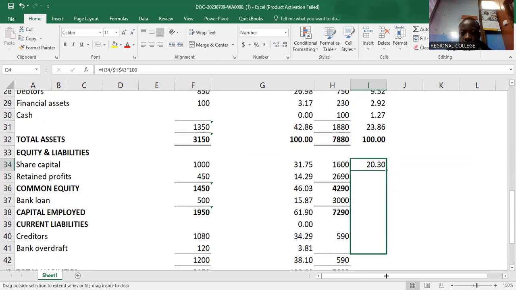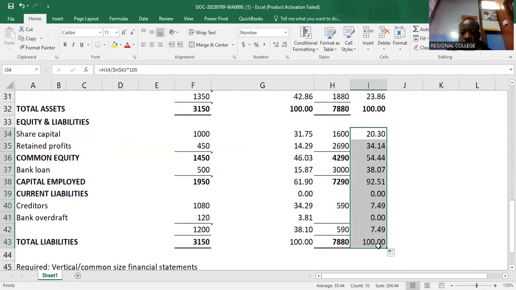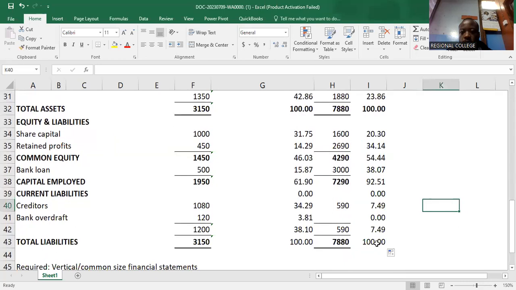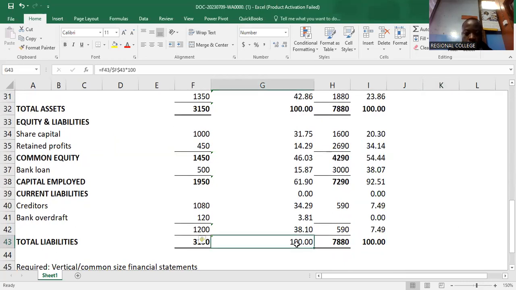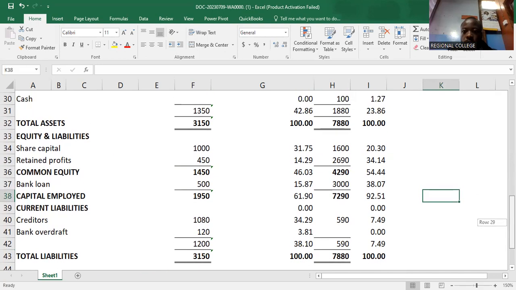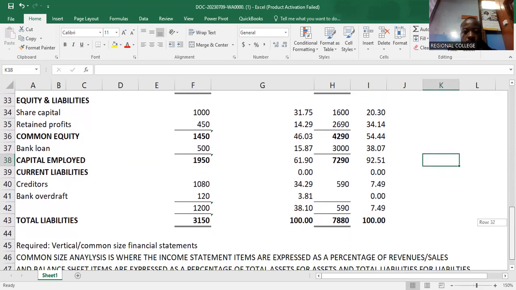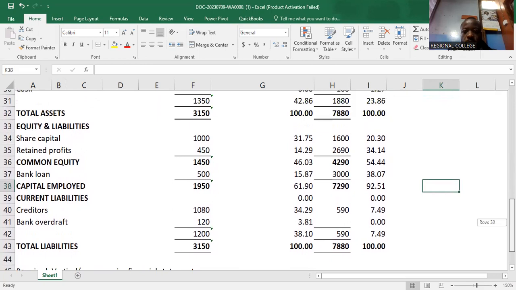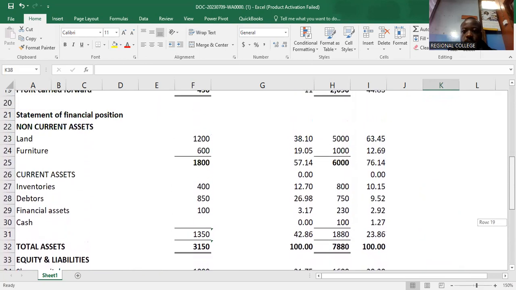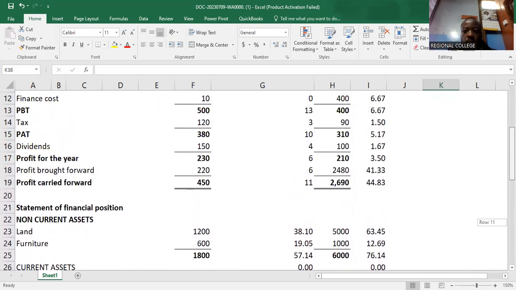Then drag it, copy the formula to that moment. And now that is your vertical analysis in less than 5 minutes. So that is how you can do your vertical analysis of the income statement and the balance sheet.